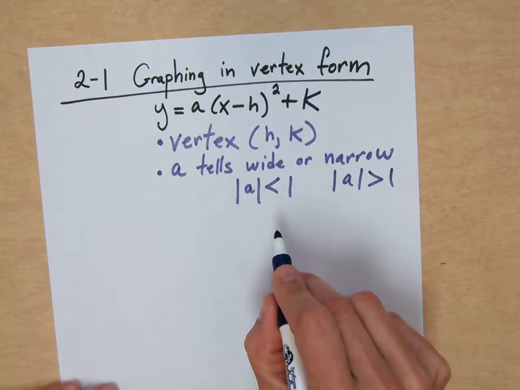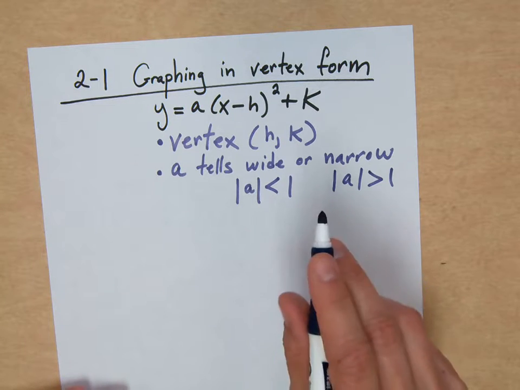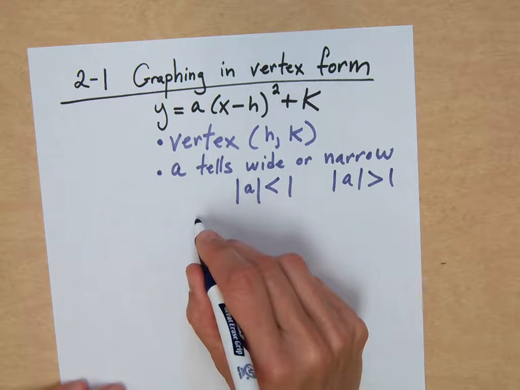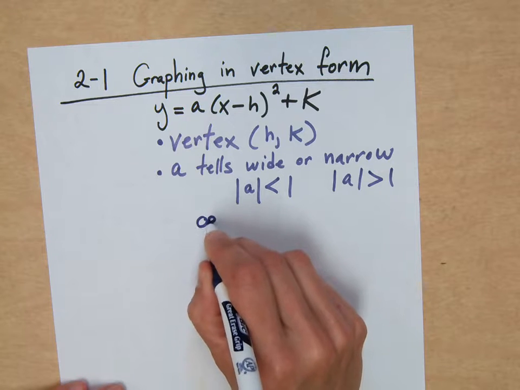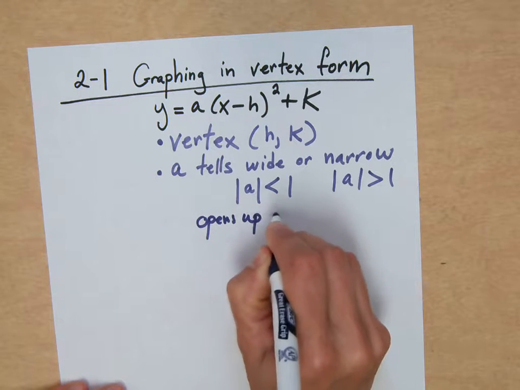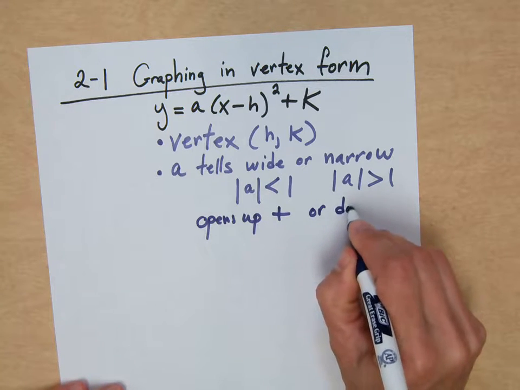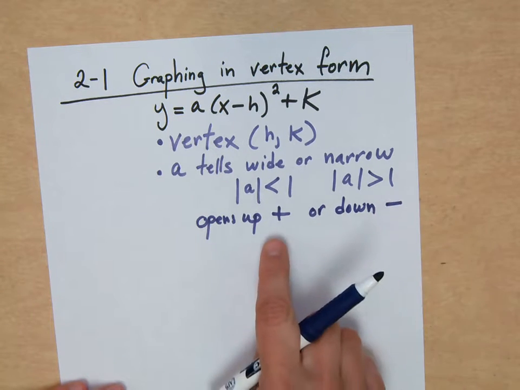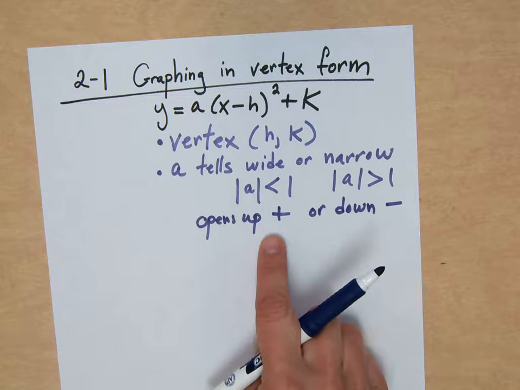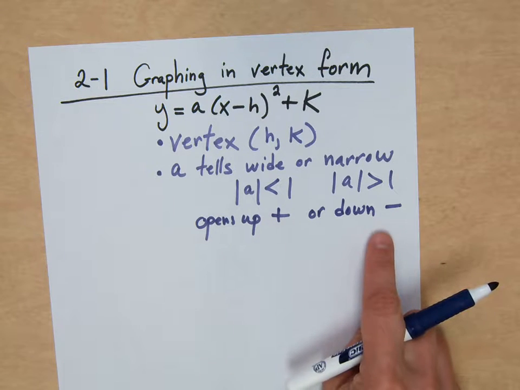And then also, what else does a tell you? If it's positive, it opens up. It's really useful to know which direction it opens when you're trying to graph it. And if it opens up, that vertex will tell you the minimum, and if it opens down, it'll be a maximum.